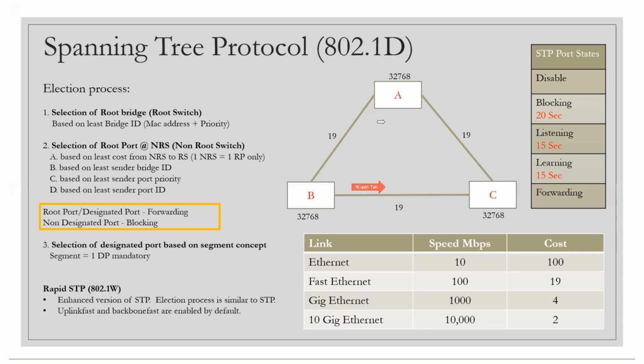Now, if you look into the switches a little bit more, you will see each link has a number. What are these numbers? If you look at the chart below, you will see that there is a cost associated with each kind of link. If it's an Ethernet link, then the cost is 100, where the speed is 10 Mbps, right?